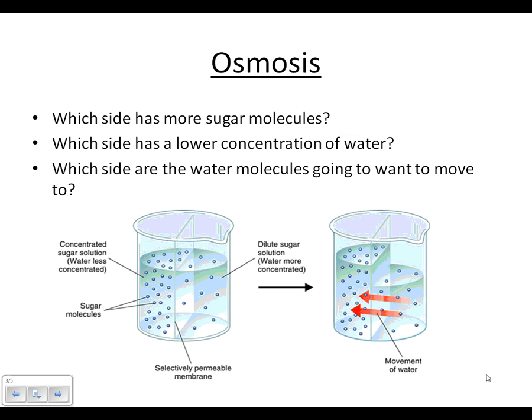All right, let's look at osmosis. Remember, osmosis is the diffusion of water. So don't forget, it's the diffusion of water across a semi-permeable membrane or selectively permeable. Remember, the term selectively permeable means it allows some things in and some out.